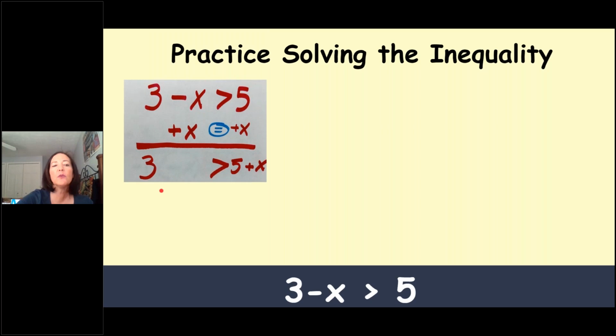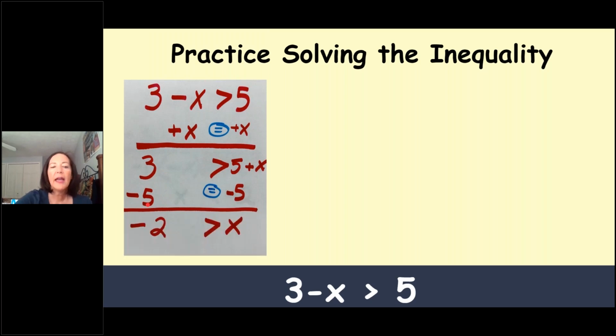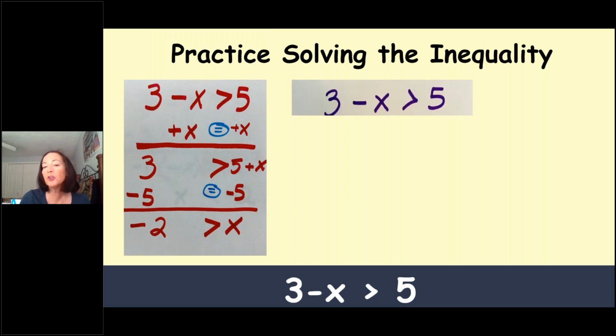That leaves me with 3. I still have the greater than symbol, but now I have 5 plus x. So now I subtract 5 from both sides of the equation, and I get the answer, -2 is greater than x. That system makes the most sense to my brain, but most people probably would solve it the way Danielle did.